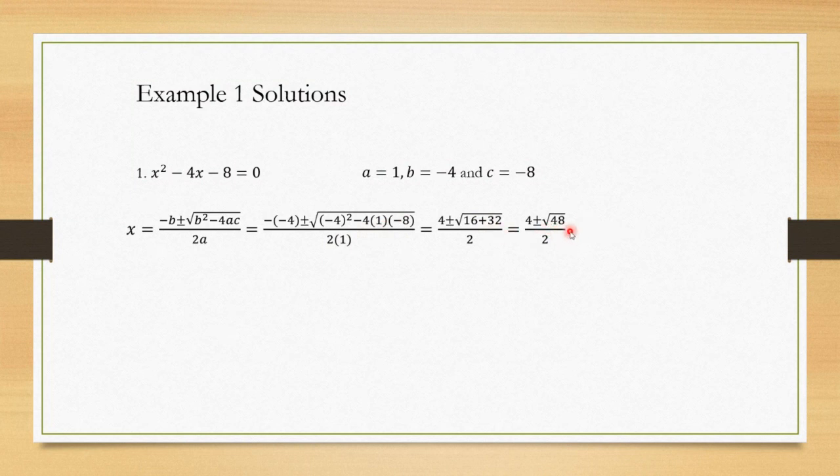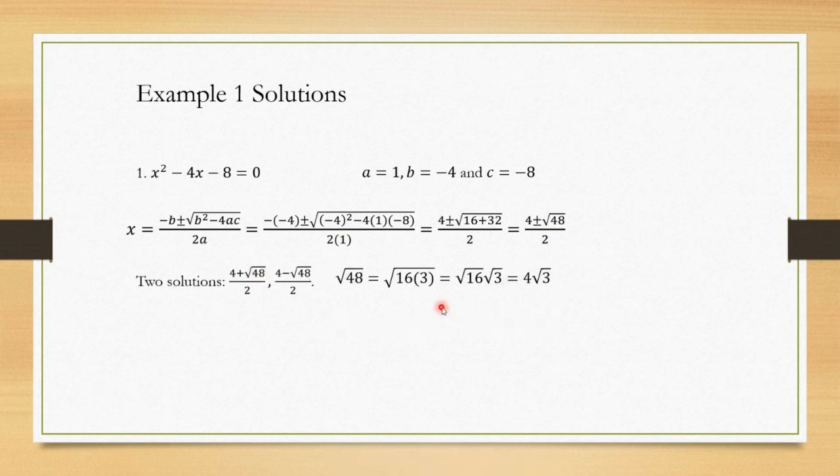I mean, technically this is enough, but let's simplify that a bit. We do have our two solutions, but it's good to simplify if we can. Namely, 48 has 16 as a factor. The square root of 48 is not simplified. How do we know that?